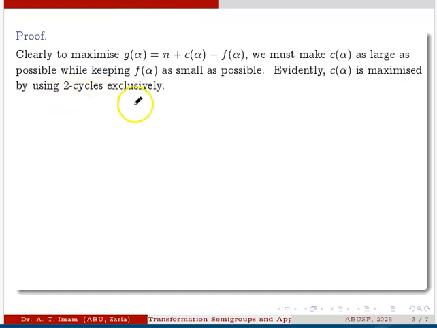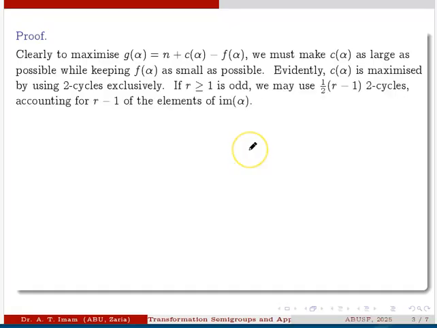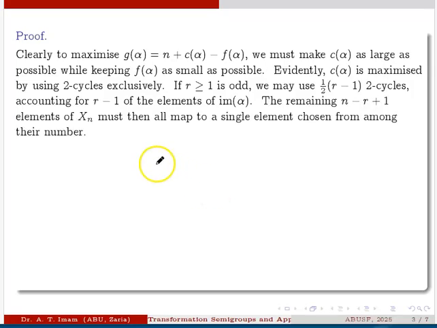If you use 2-cycles exclusively, then you maximize the number of cycles. And so if r is odd, greater or equal to 1, then we can use (r minus 1)/2 cycles, because we want to have r elements in the image.